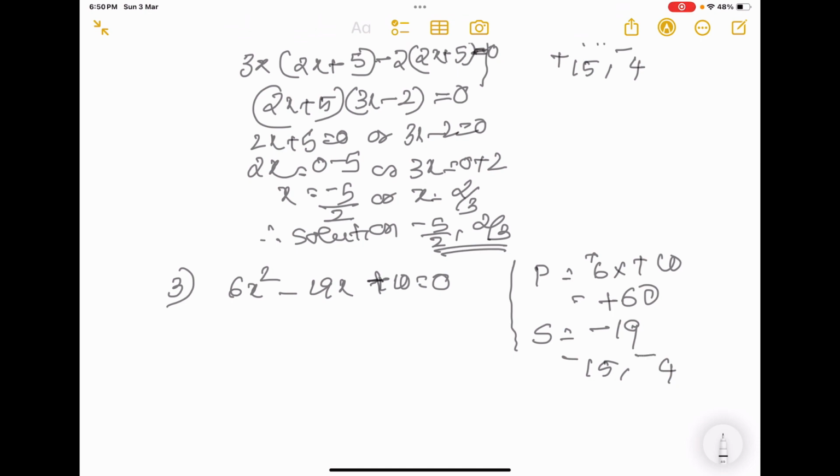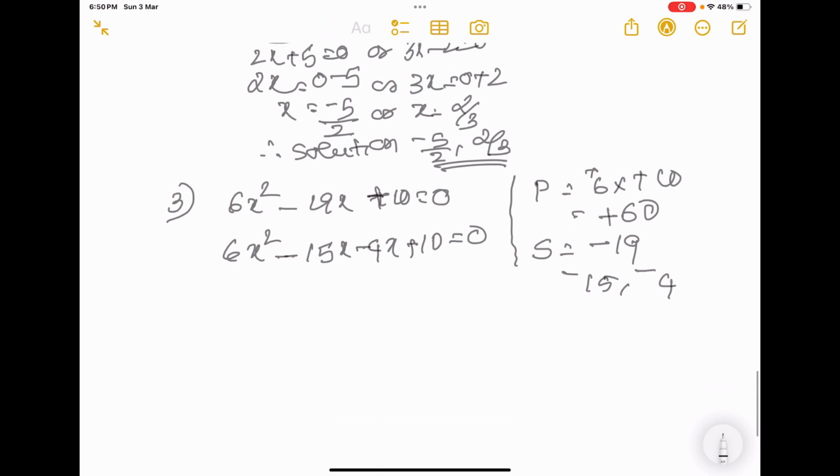So here we split this: 6x square minus 15x minus 4x plus 10 equal to 0. From these two you take 3x as common: 3x into (2x minus 5) plus, from these two we can take negative 2 outside, not negative 4.